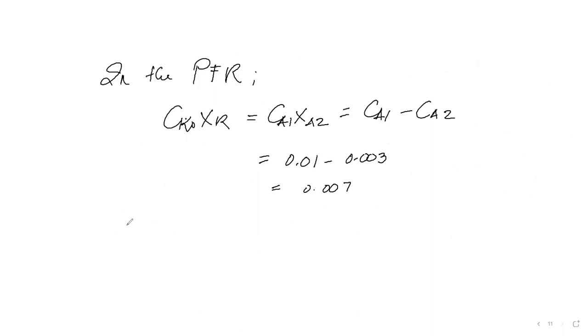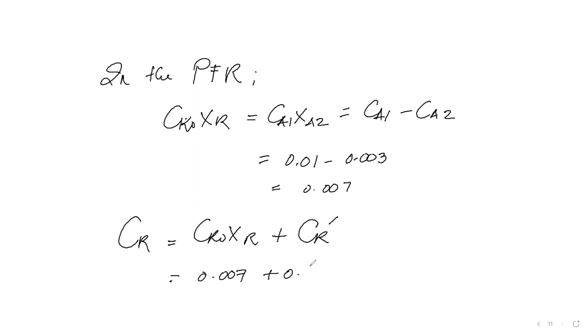That tells us that the C sub R leaving the PFR is the C sub R that was formed in the PFR plus the C sub R formed in the backmix reactor, which we'll label C sub R prime. So our 0.007 should be added to 0.002.